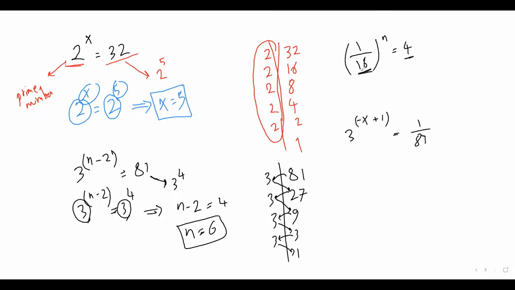So if you do that, we get 1 over 4 squared, raised to the power of n, equals 4, right? That's the first thing. Then what you can do, you can bring this up into the numerator by changing the sign of its index, right? So you can write 4 raised to the power of negative 2, then raised to the power of n.